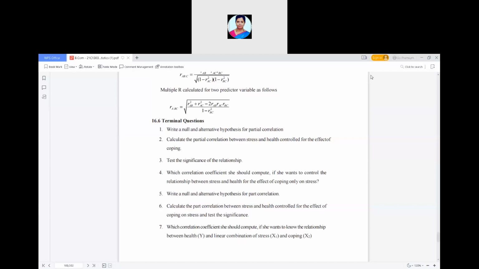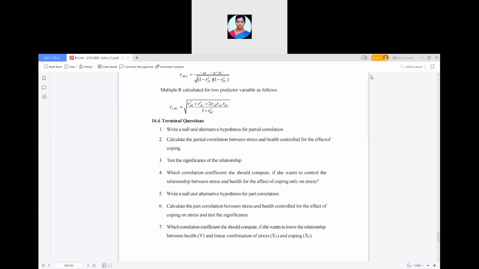Third, test the significance of the relationship. Fourth, which correlation coefficient should she compute if she wants to control the relationship between stress and health for the effect of coping only on the stress?